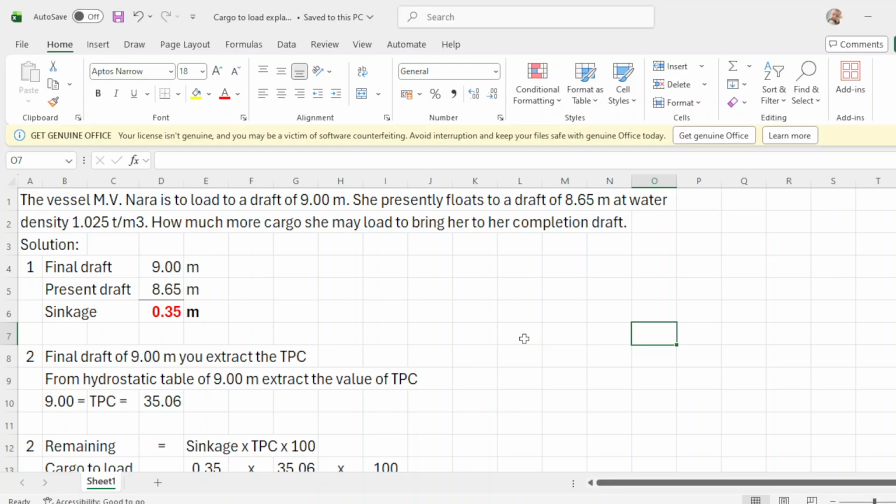Now take note, guys, when she is floating at a draft of 8.65, this is where the foreman stops loading and advises the chief officer of how much remaining cargo to load for trimming and completion of loading.